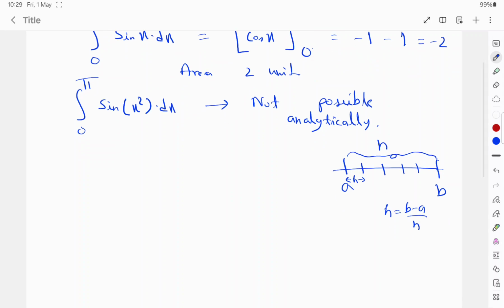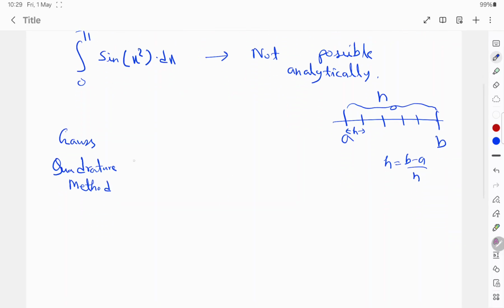So basically here we discuss this: first we'll learn one method, called the Gauss Quadrature method. Basically you will see how many intervals you are taking, depending on n.